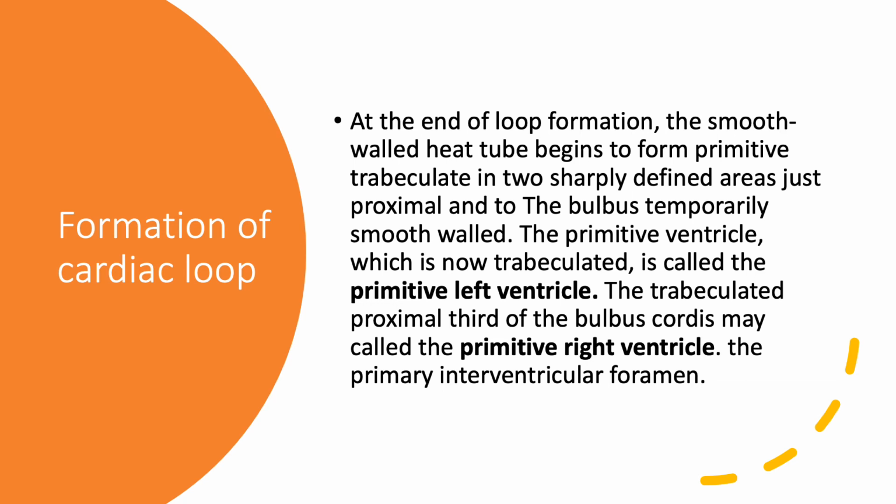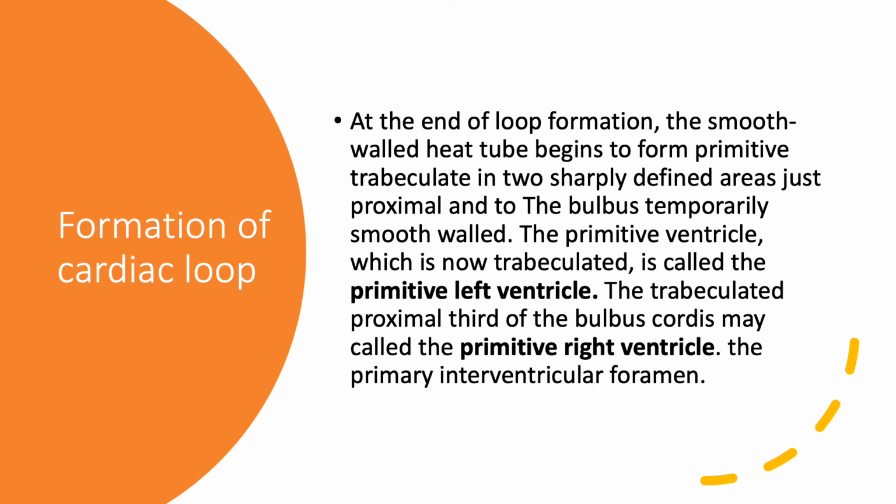So there are two areas. First is the primitive left ventricle, and the origin of the primitive left ventricle is the primitive ventricle, which formed at the end of the cardiac loop formation. The trabeculated proximal third of the bulbus cordis may also be called the primitive right ventricle.